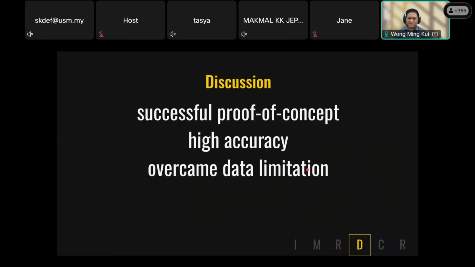So finally, we move on to the discussion part. We have successfully proved that diagnosis of malaria using AI is applicable and can be used in our lab. It has very high accuracy, and by using FSL, we have overcome the data limitation that is faced by a lot of medical AI research.